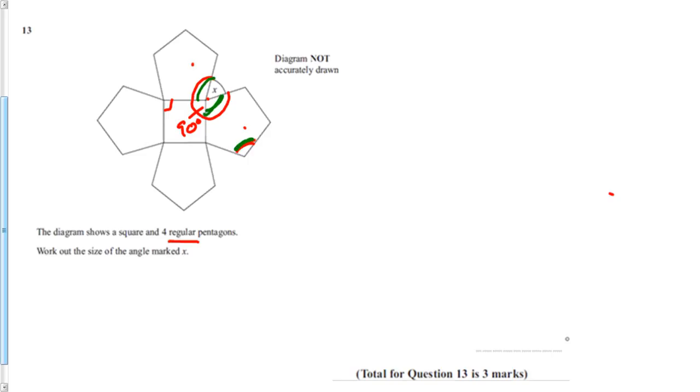So one thing that we should know is that an exterior angle, and if you don't know this, this is what you need to remember more than anything else, an exterior angle is 360 degrees divided by the number of sides.